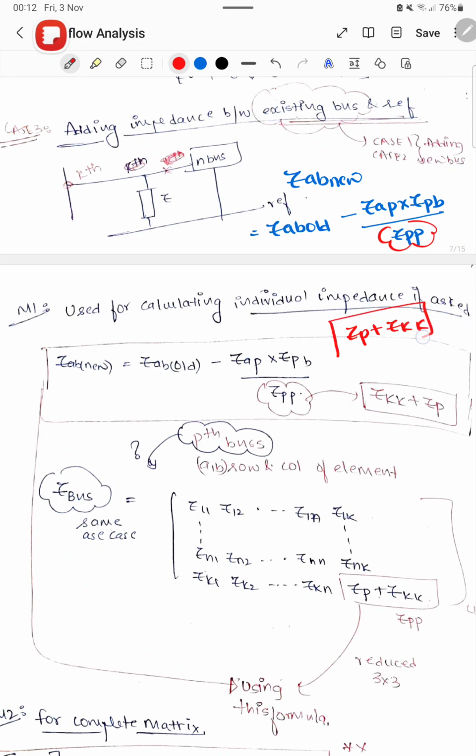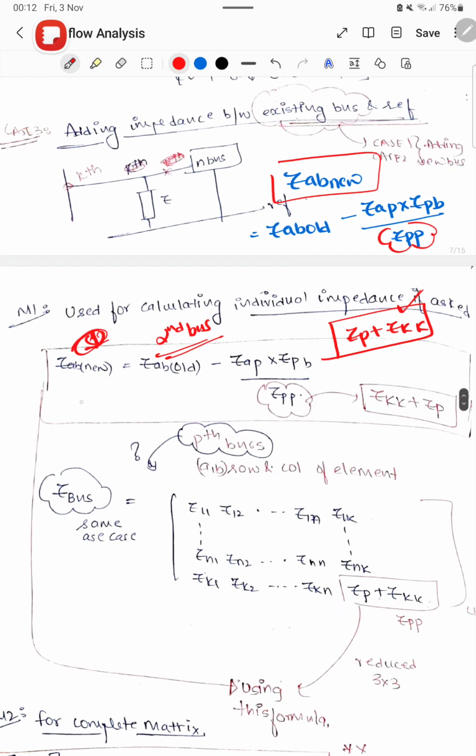Okay, Zp plus Zkk. Now what do you mean by that? Let's say you are adding impedance to kth bus. So Zab new of that part, like let's say 1 3. You are adding impedance to second bus, and we want the change in first Z1.